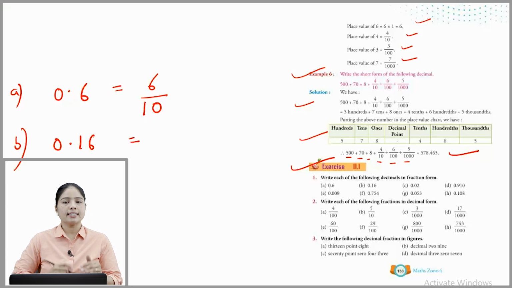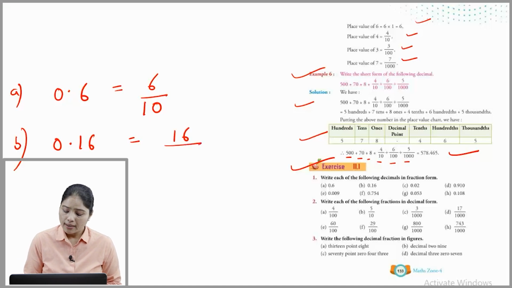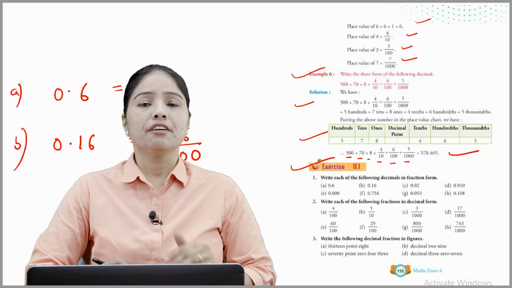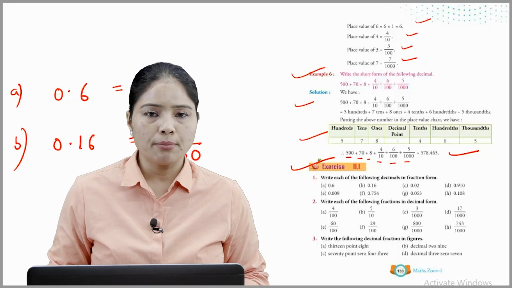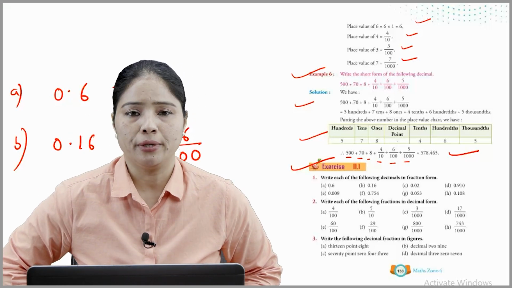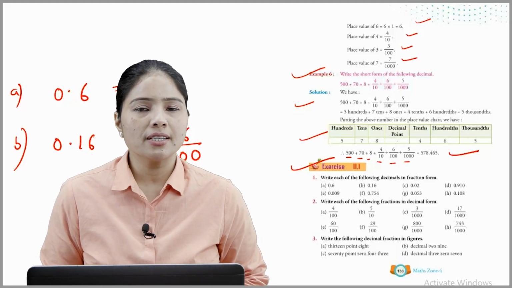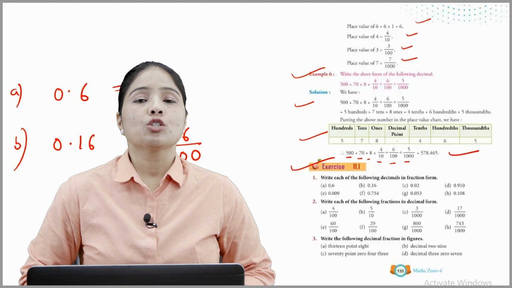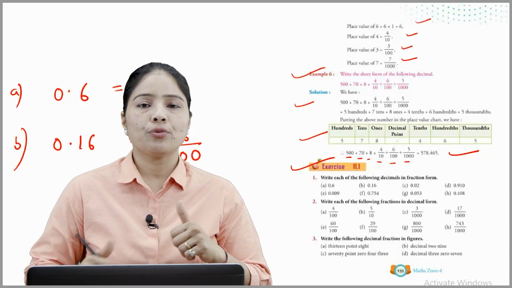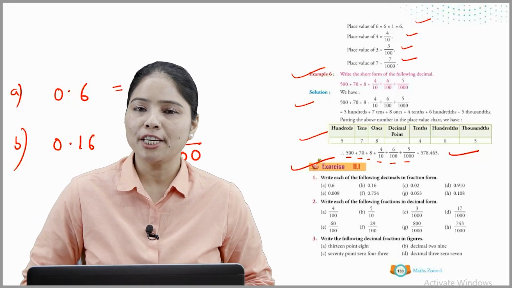So the fraction form of 0.16 is 16/100. Okay. We only need to just remove the decimal and write the denominator. Okay. So with this we ended the chapter. I hope you understood. So just do practice well and do the rest of these exercises on your own, beta.